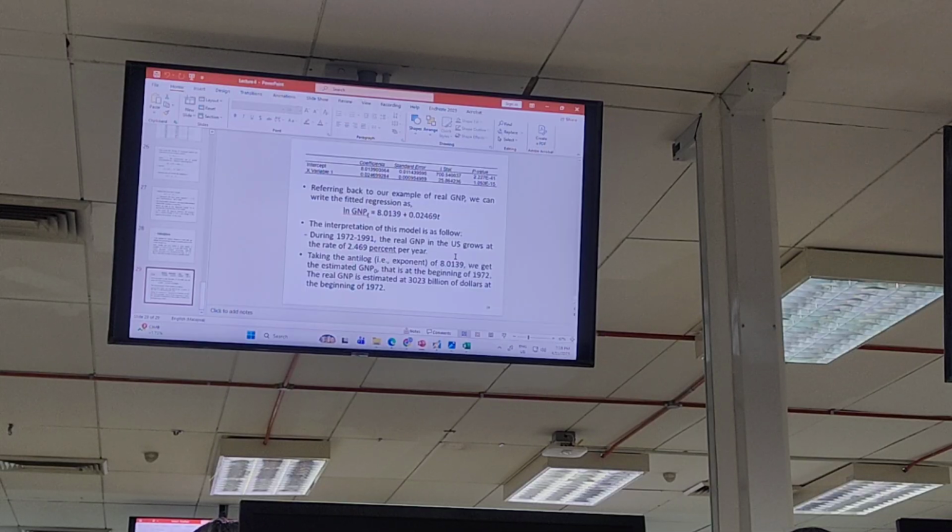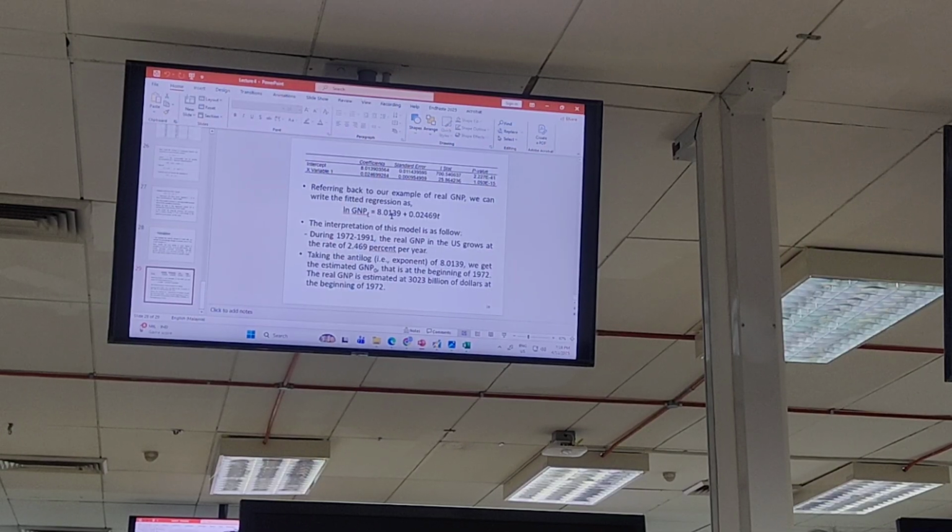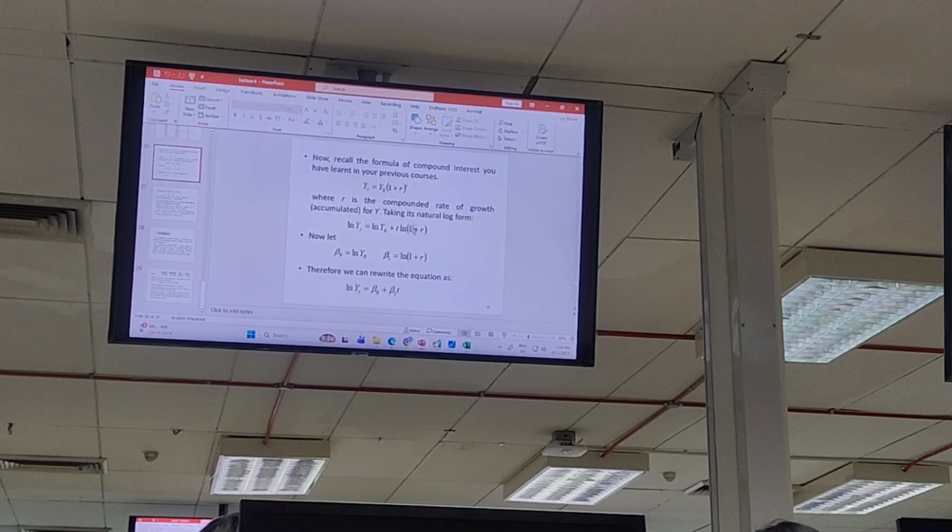Taking the antilog of the intercept gives us an estimate of y0, because the intercept is an estimate of log y0. So what is y0? y0 is the initial value, just like a principal or initial investment.